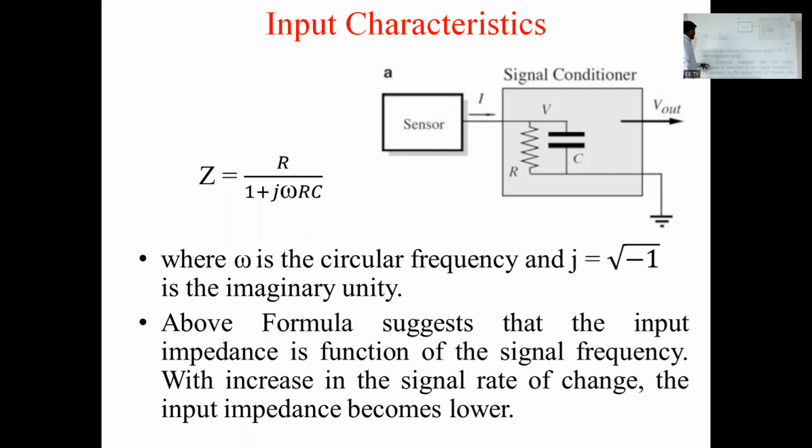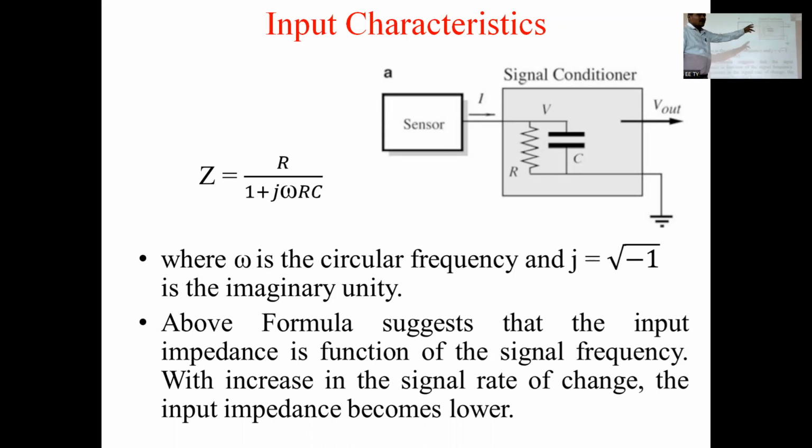In that situation, the impedance of that circuit is Z is equal to R divided by 1 plus j omega RC. Okay, so this is the complex notation. So R resistance divided by 1 plus j omega into RC. This is the complex notation.